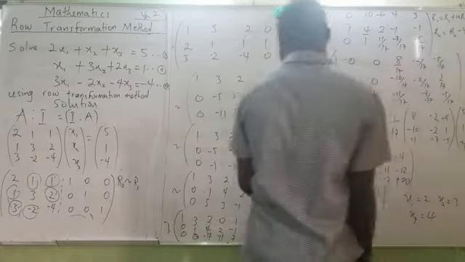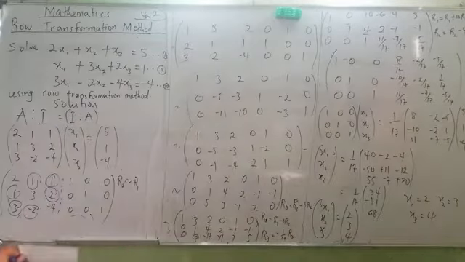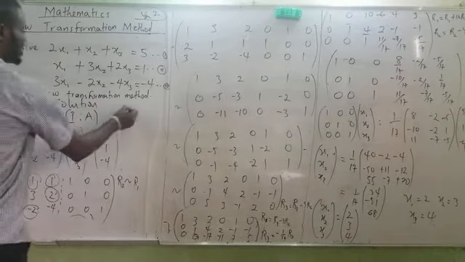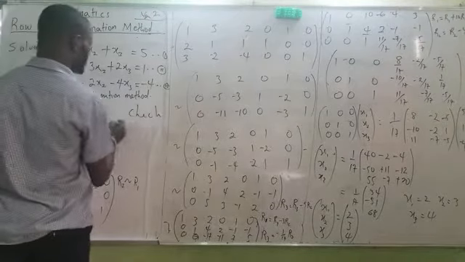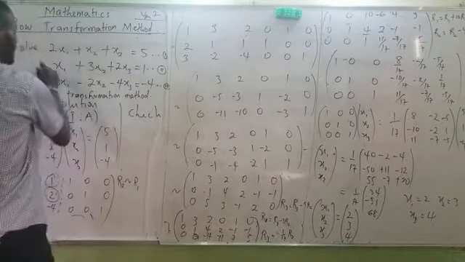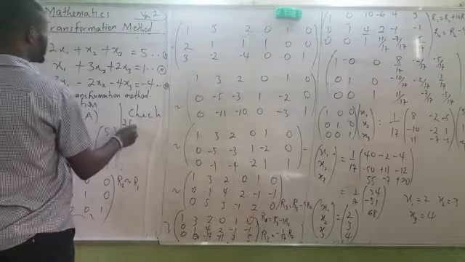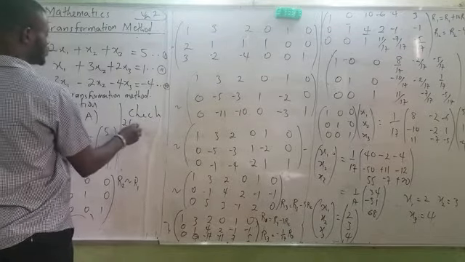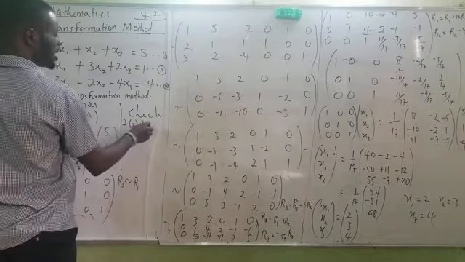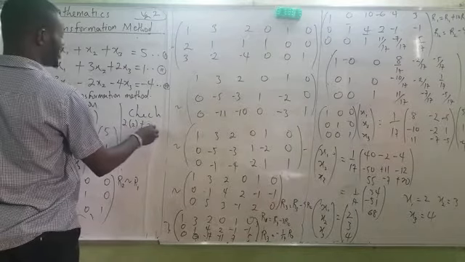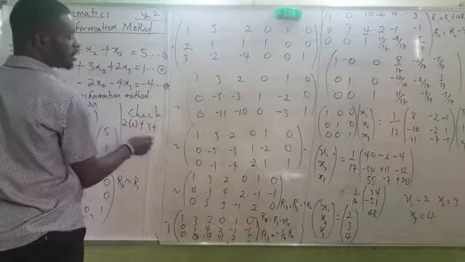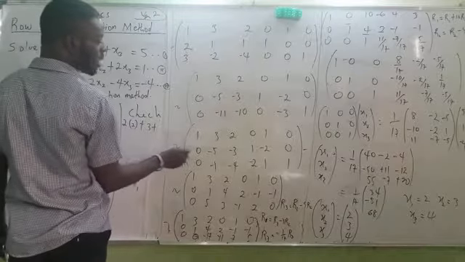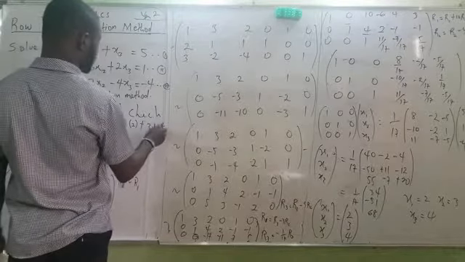That is mine. Now, how do I know that what I've done is correct or not? You can check by having something like this. Pick any of the equations, bracket of x1: I have 2 plus 2, I have 3 plus 4, I have plus 4.